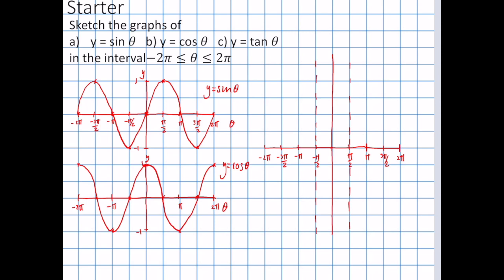So our graph comes from negative infinity through 0 and up towards infinity. And then that pattern repeats every 180 degrees, or if you like, every pi radians. So we get something like this.